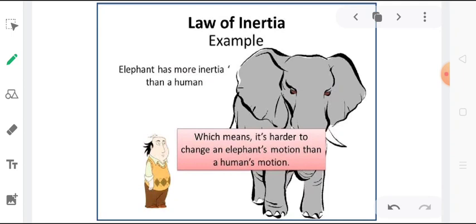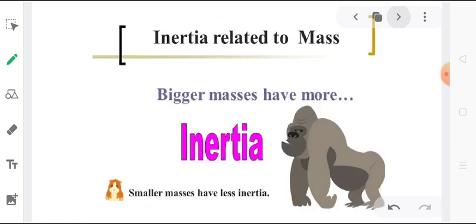So an elephant has more inertia than a human because its mass is more than that of a human being. It means it's harder to change an elephant's motion than a human's motion. So inertia is related to mass. Bigger masses have more inertia, smaller masses have less inertia.